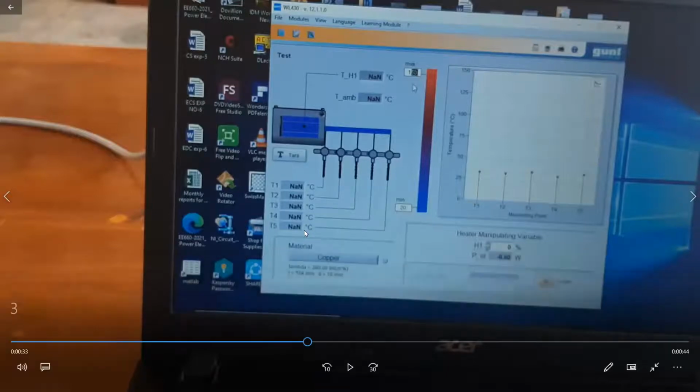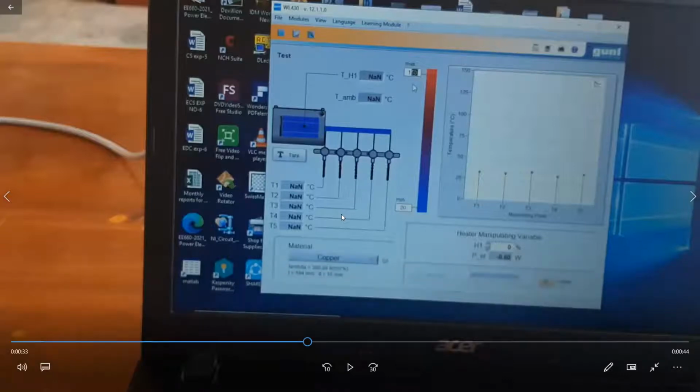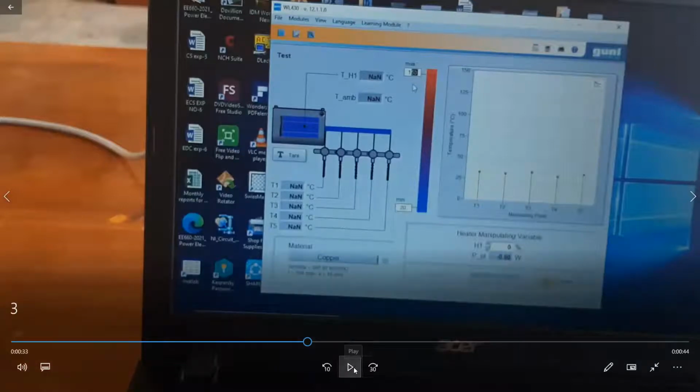In the next slide, I will later give you that observation data. Then using those data, you have to plot the graph and analyze which metal is better in thermal conductivity and how it varies, using this temperature curve.